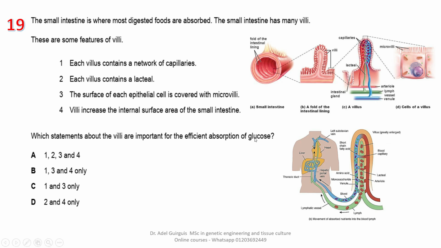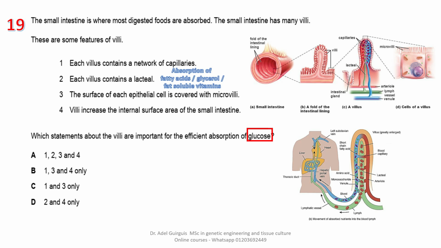Each villus contains a network of capillaries. Yes, because glucose is water soluble. Each villus contains a lacteal. No. Why? Because the lacteal is needed for absorption of fatty acid, glycerol, and fat soluble vitamins like vitamin D.